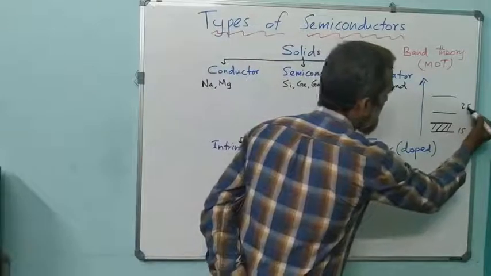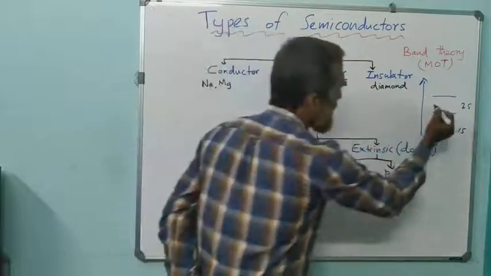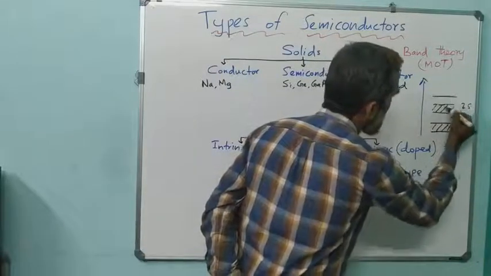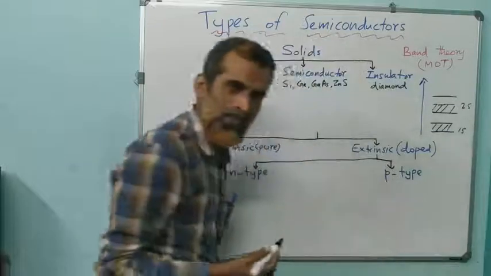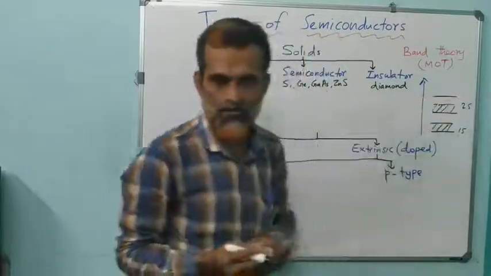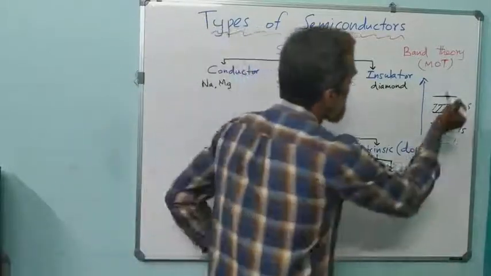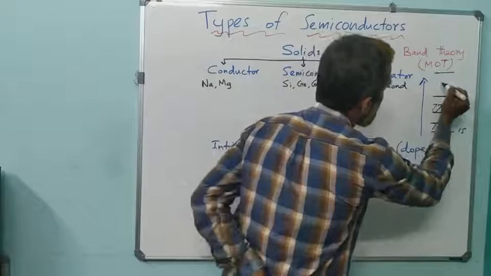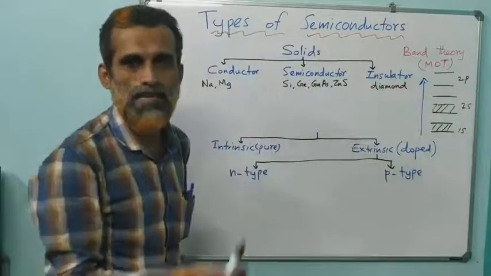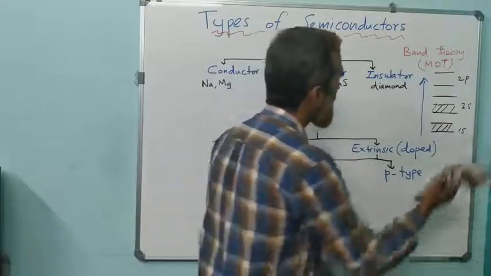So the 2s band, since it is 2s1, will be half filled, right? So this is the 2s band and it is half filled. Since it is half filled, electrons can move here. So that leads to conduction. Now we can show the 2p band is there, which is of course empty, no electrons. So like that there will be so many bands.